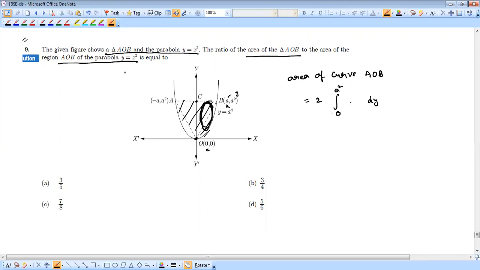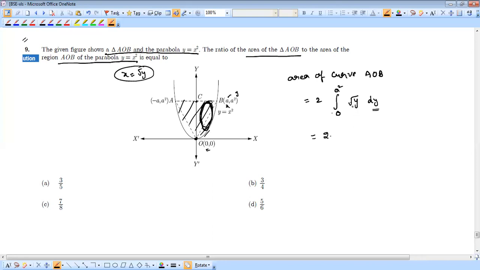So y is equal to x square, then x is equal to root y. So you have to take root y. Try to understand here: the variable is dy, so the limits are y limits and the function is also a y function. If you take different variables, different limits, different functions, the answer will not be correct.